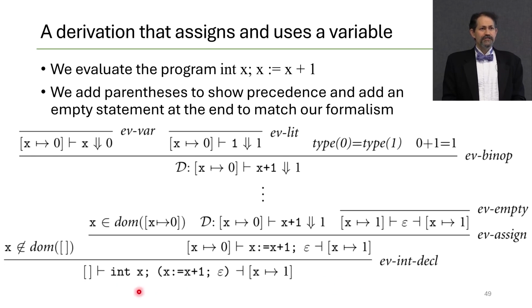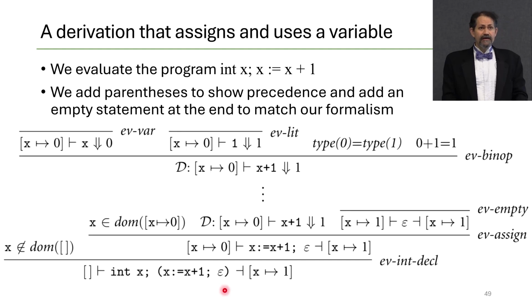We have a declaration int x, and then the rest of the program is this sequence here that I put in parentheses. It's not usual to put parentheses around programs, but remember we're really describing an abstract syntax tree, so I want to be clear about the way things group up. Here we assign x gets x plus 1, and then at the very end we have the empty statement epsilon.